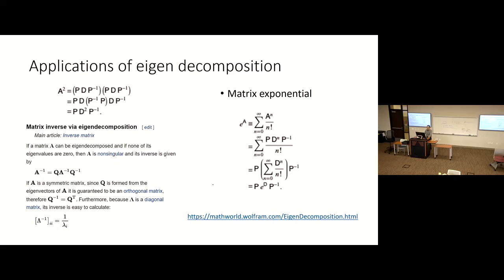So eigen decomposition can help you to do a lot of things. First, the front line of the application will be inside linear algebra. For example, it can help you to compute the exponents of the matrix much faster.